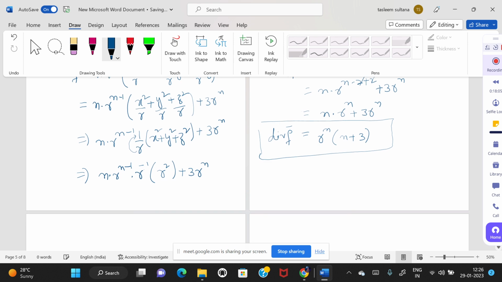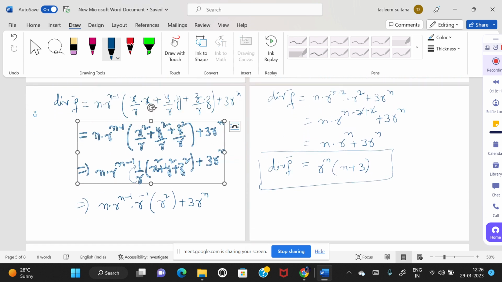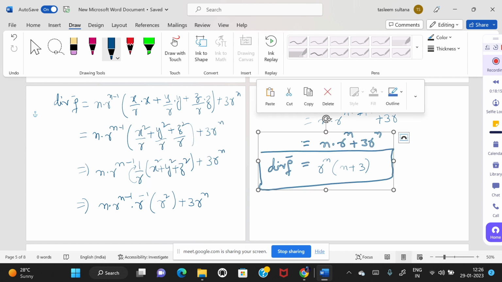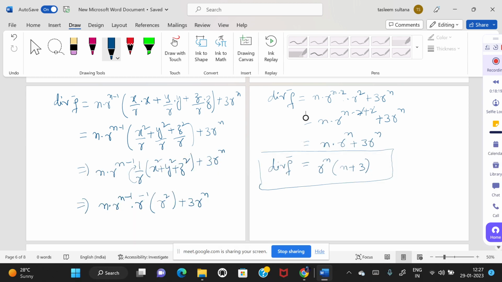Ma'am, one second. That r went up, and then r when raised to minus 1. When it goes up, this will become a minus, because the power is positive, yes.